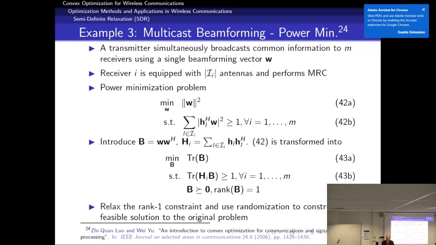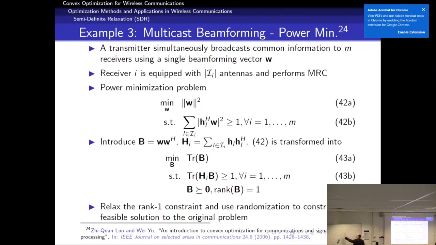It's also reminiscent a little bit of the problem we had when we were doing superposition coding. You remember when we were doing superposition coding on the broadcast channel? The message of the weaker user had to be decoded by both users, right? So that means this message has to be transmitted at a rate such that it's decodable by both users. The problem here is that we have multiple antennas.